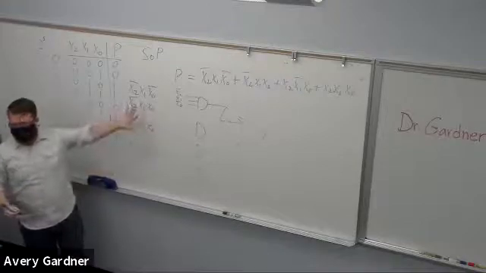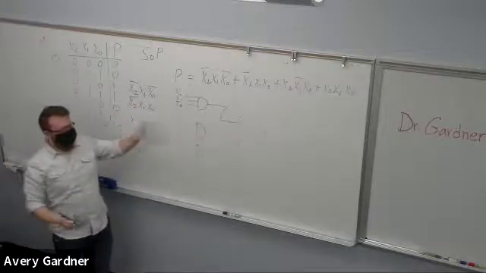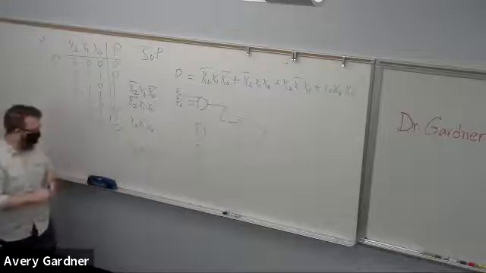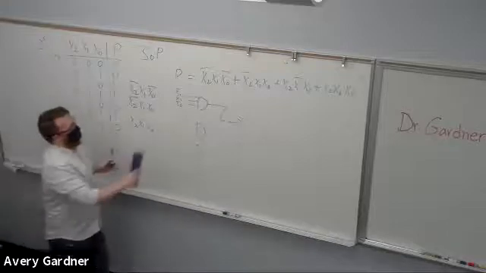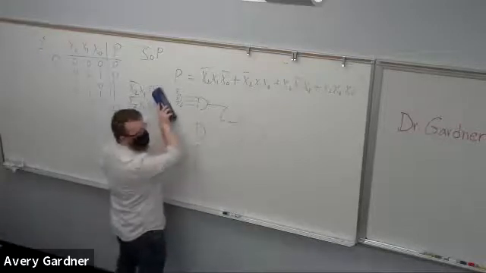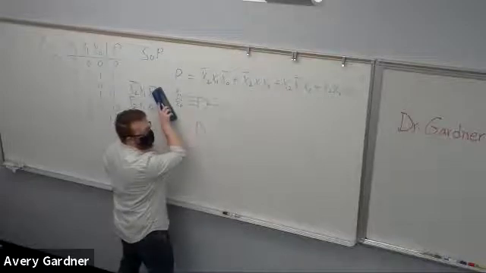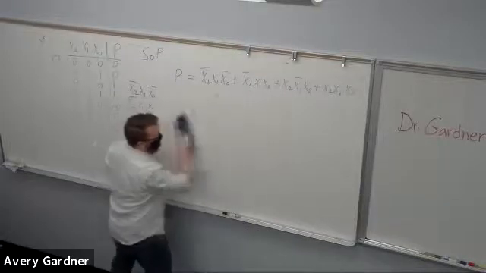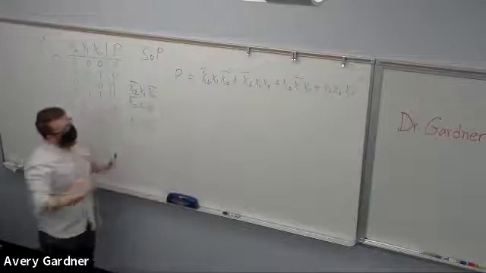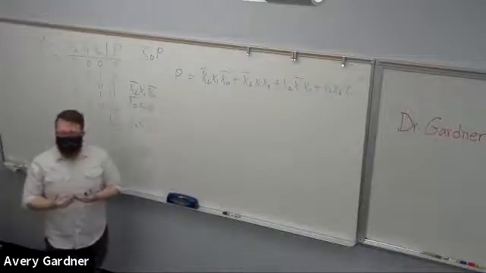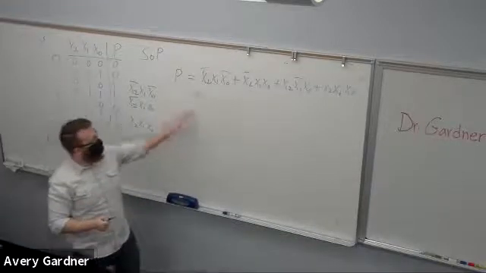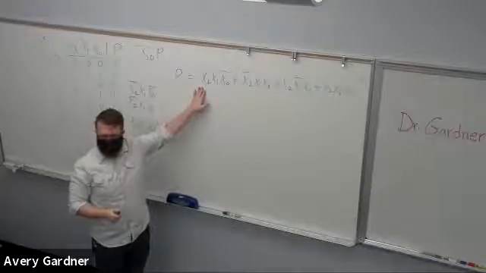That's a big circuit. It is unnecessarily complicated. I'm gonna erase this, sorry. Good. Okay. So what we want to do is start looking for things that might simplify in this expression.